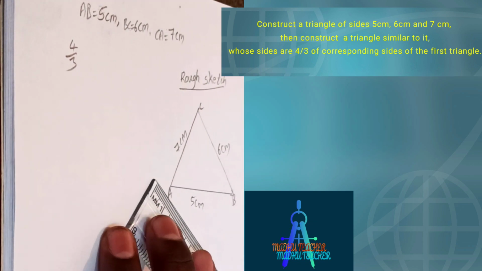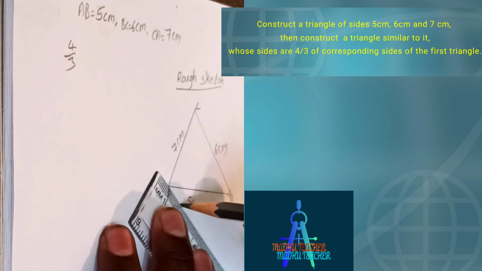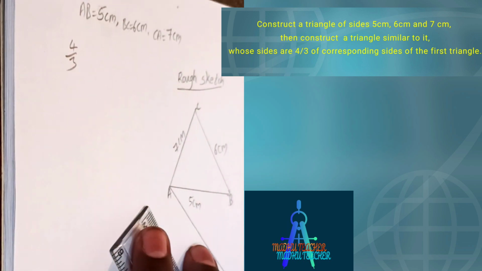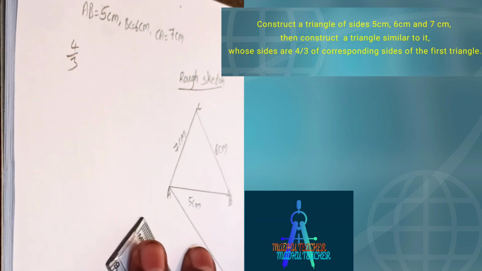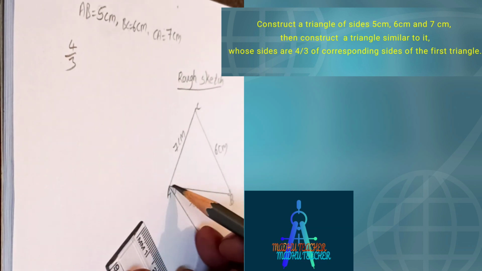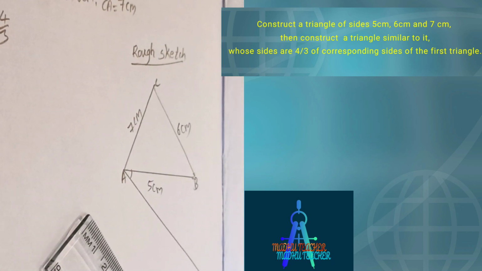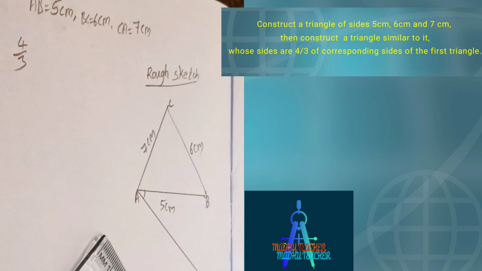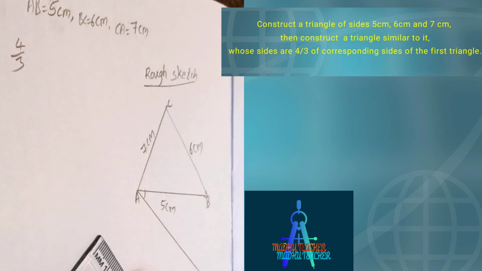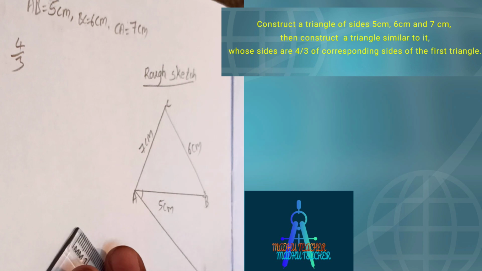Now draw a ray, let us call it X, which makes an acute angle with AB. Okay, so this is AX making acute angle with AB.